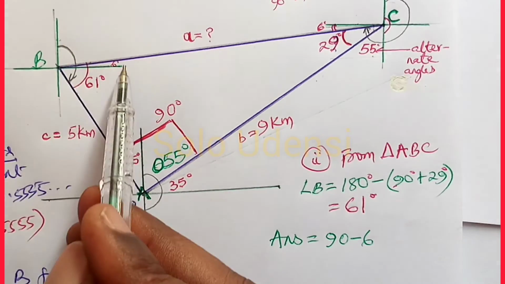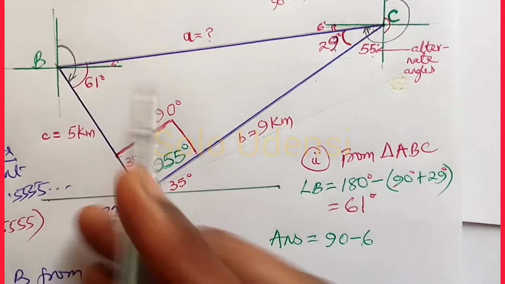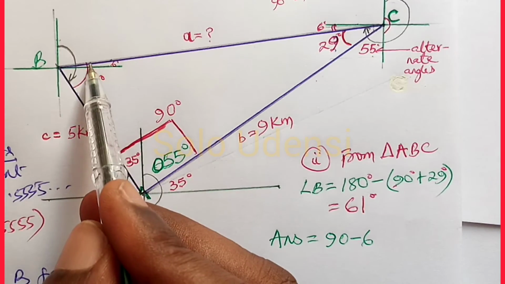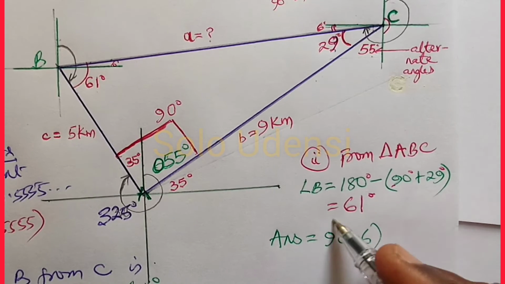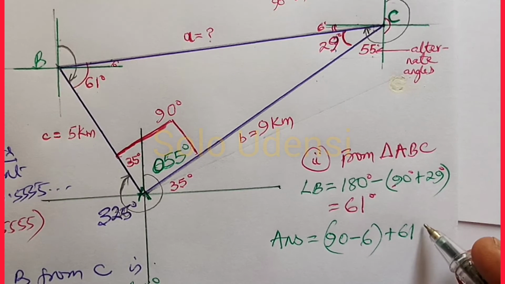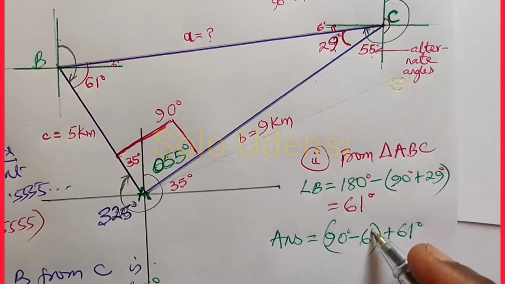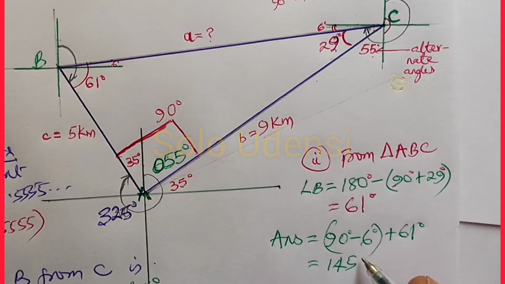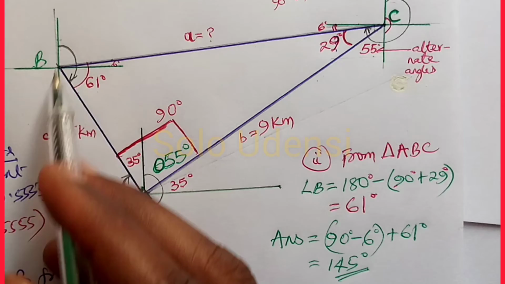From this green line to this green line is 90 minus 6, which will give you this angle, plus this angle, plus 61 degrees. So we have it to be 145 degrees.